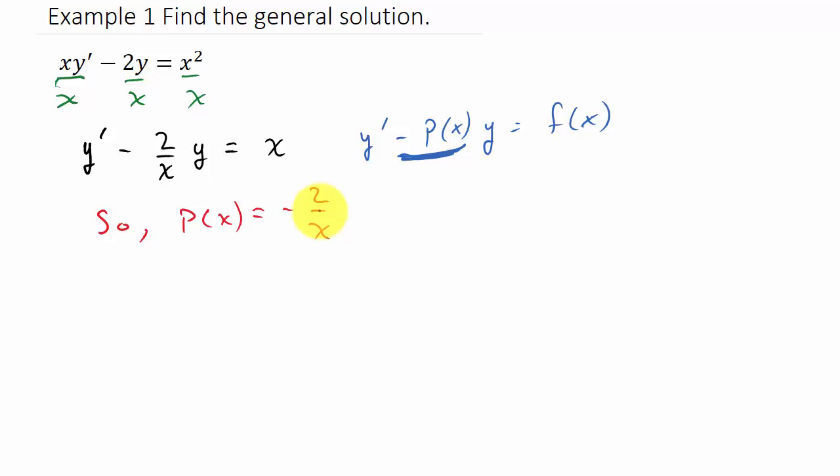Alright, now we need to find our integrating factor. Remember, our integrating factor is e raised to the integral of p of x dx. I'm going to go ahead and evaluate this integral right here.